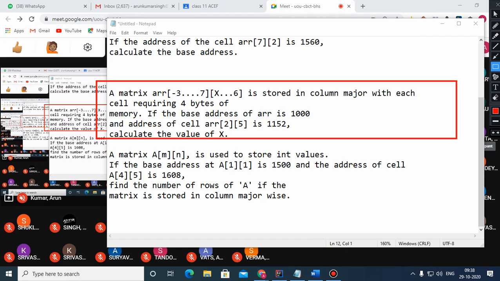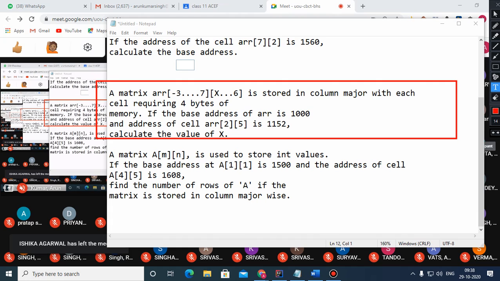Yes, the value of x is 2. So children, here what happens, the equation will be like this. It is 1152, which is the address of ARR 2, 5, and this 1000 is actually the base address.